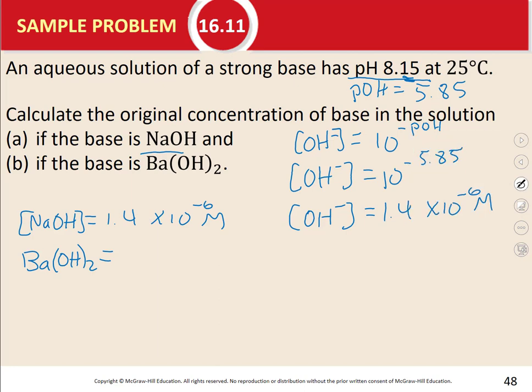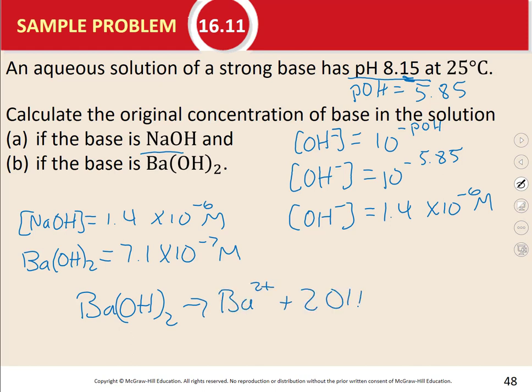So what's the concentration of the barium hydroxide? If you write out barium hydroxide's dissociation, you get barium 2 plus and 2 hydroxides.